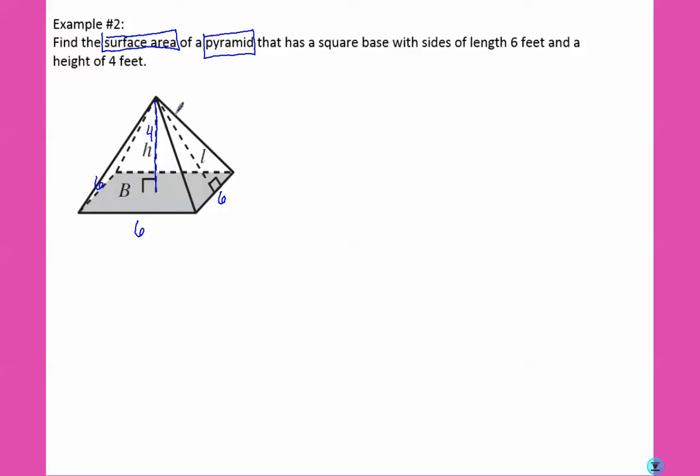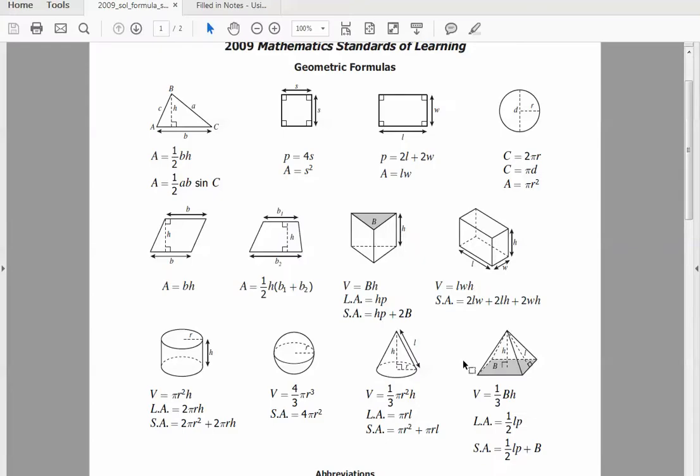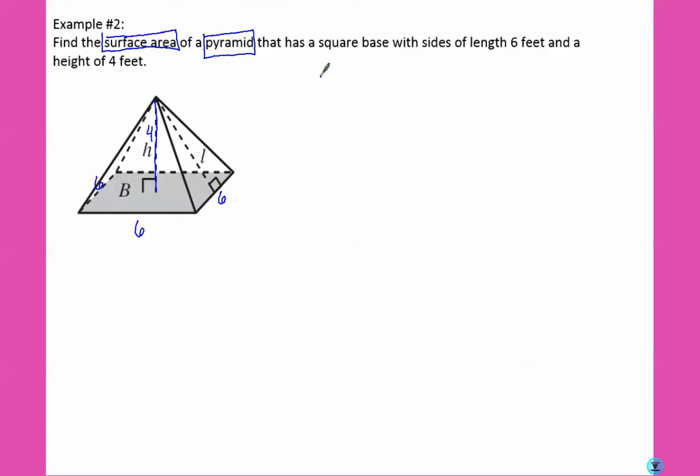So our surface area formula. Here's our pyramid. Surface area is equal to 1/2 LP plus B. Now, it shows us that L is this length here.